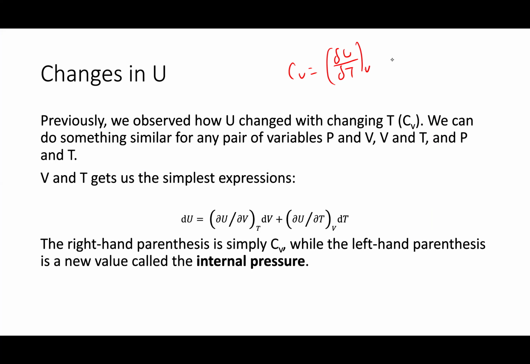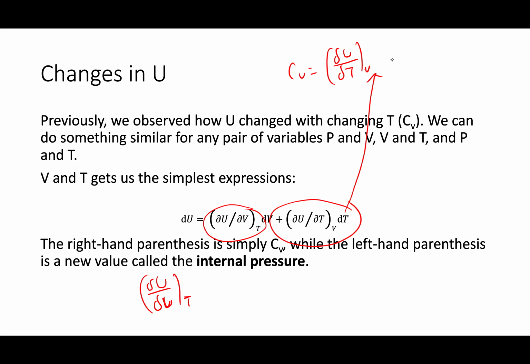Now, if we look at the right-hand side, this is exactly a rearranged version of what we wrote up here. dU over dT at constant volume is CV. But this new version over here, which is dU over dV at constant temperature, this is going to be a new value that we're going to call internal pressure.